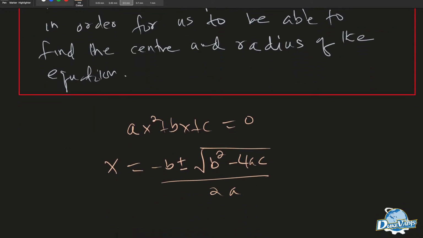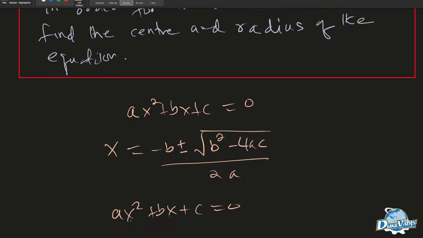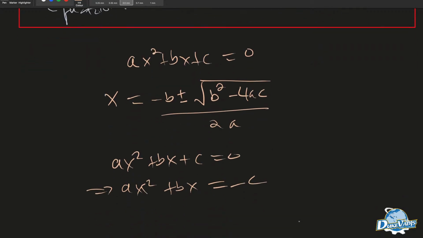Then through that we did the completing of the square. We said ax squared plus bx plus c equals 0, so ax squared plus bx is equal to minus c.